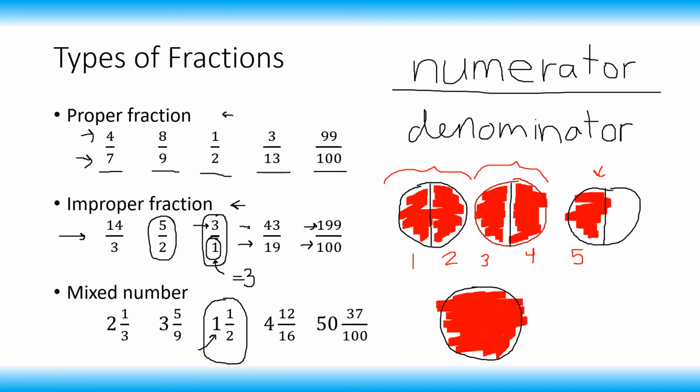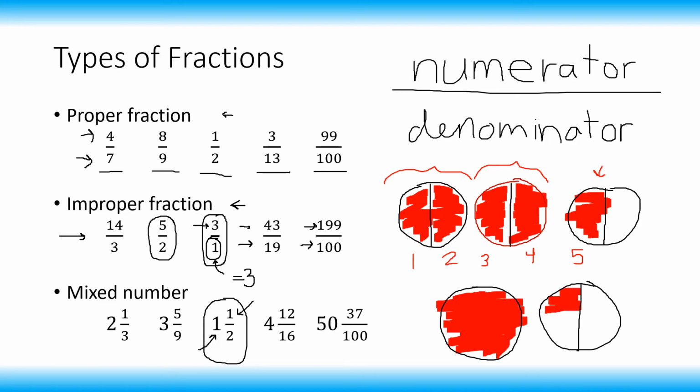Then we know from the fractional part that we have an additional half a pizza. So I can draw in another pizza and cut that in half, and we've got half of this one here.